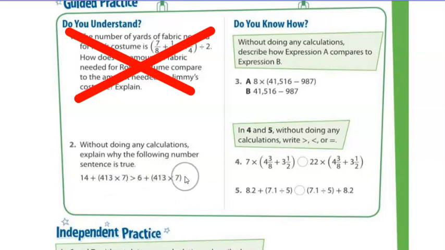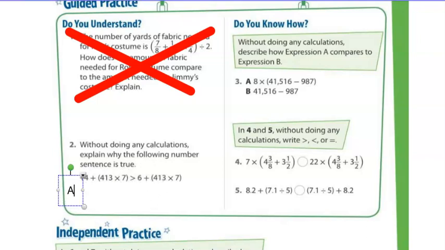If you notice on each side, those are the same, all right? But on the outside of the parentheses, over here we're adding 14 and over here we're adding 6. So we know that in the parentheses you're going to be getting the exact same answer because you're doing the exact same problem. But on the outside, we're adding 14, which is greater than adding 6.